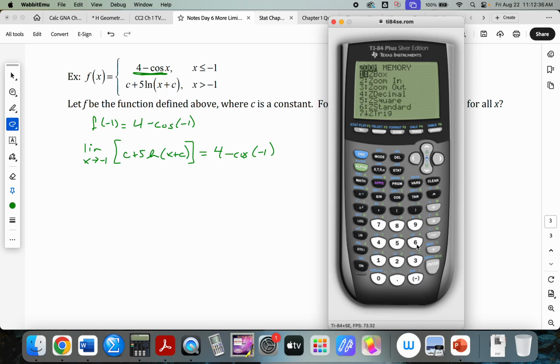I have no idea where I was, so I always do a zoom standard to start. And then if I can't see anything at all, I usually do a zoom fit. So I just want to see where these two intersect. Calculate the intersection. First curve, second curve. Oh, it's always fun to guess on these. I'm going to guess 1, 2, 3. I'm going to guess 2.85.